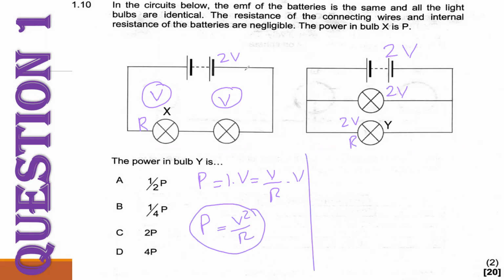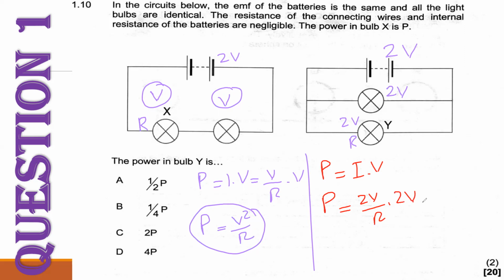Okay, just keep it here. And then let's continue with Y. For Y, power equals current times voltage. This is our formula first. And then for Y, what is our current? 2V over R, right? Because voltage is 2V. So 2V over R. What is voltage for Y? Also 2V.